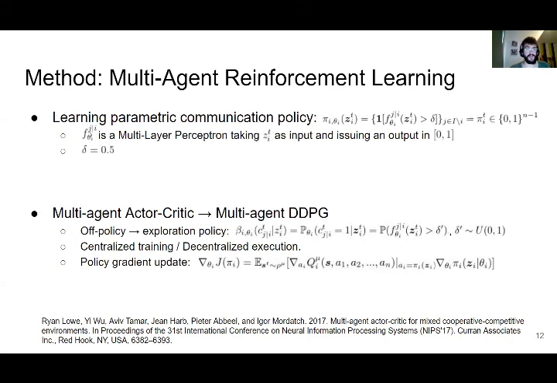In order to learn this parametric communication policy, we use a multi-agent actor critic algorithm, specifically the multi-agent DDPG algorithm. This is an off-policy algorithm that allows us to use a stochastic exploration policy. Also, this algorithm presents a strategy of centralized training and decentralized execution, which allows us to use all the information of our robots in order to perform the policy gradient update to update the parameters of the multi-layer perceptron.